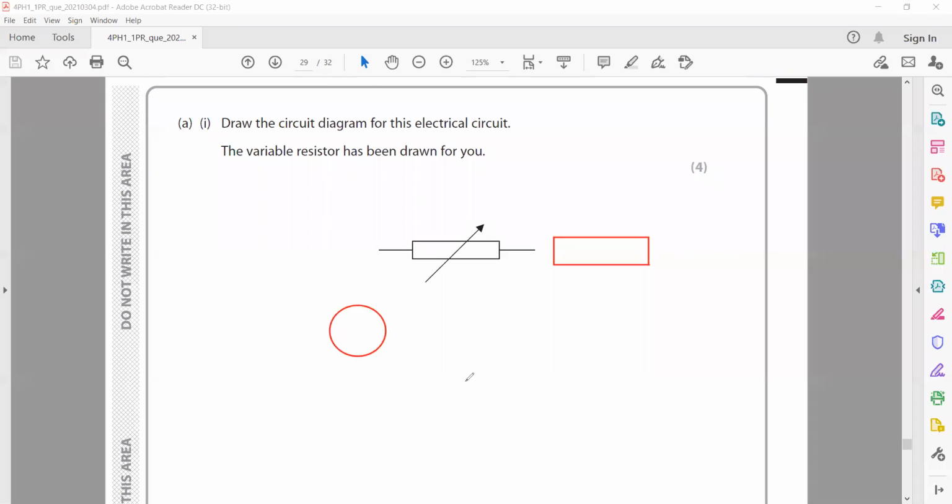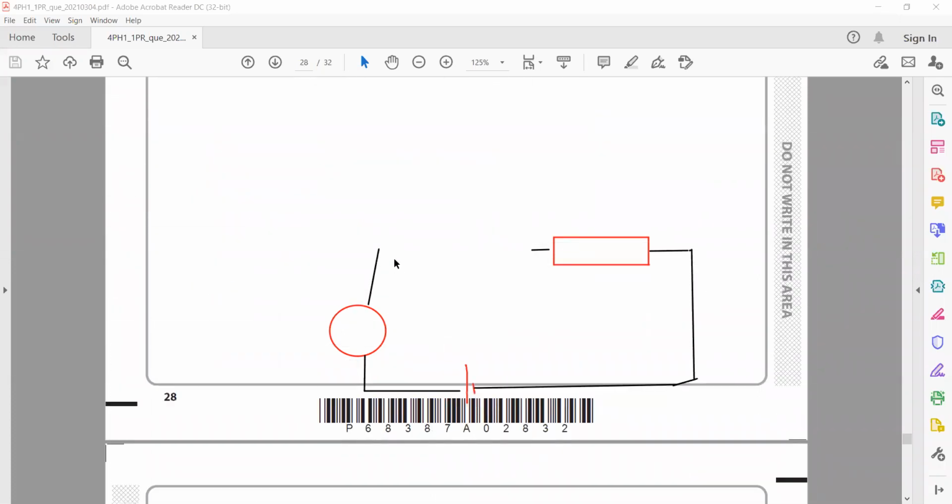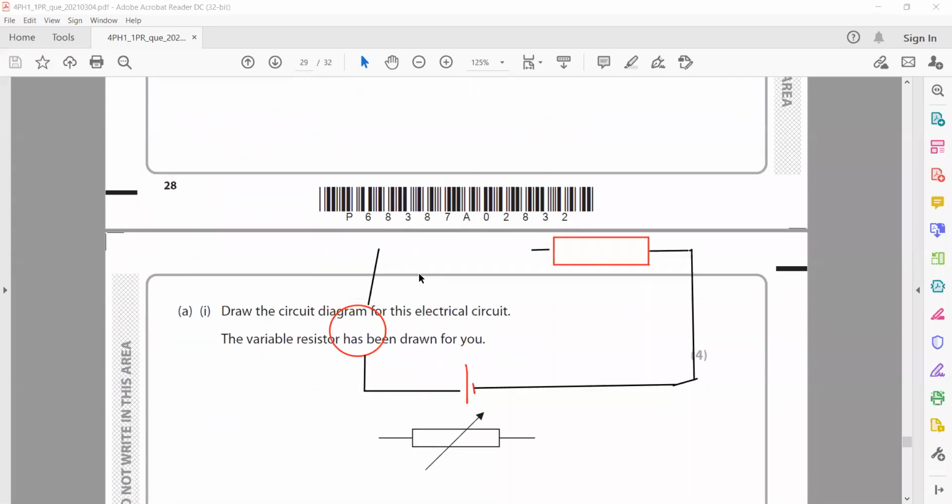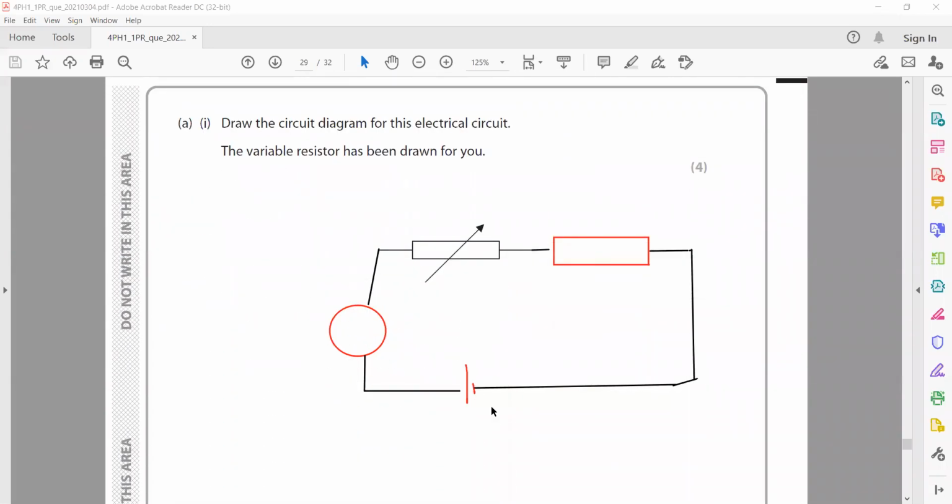We have a cell, and we join all of them by connecting wires. The resistor, cell, ammeter are there, and there's no voltmeter.